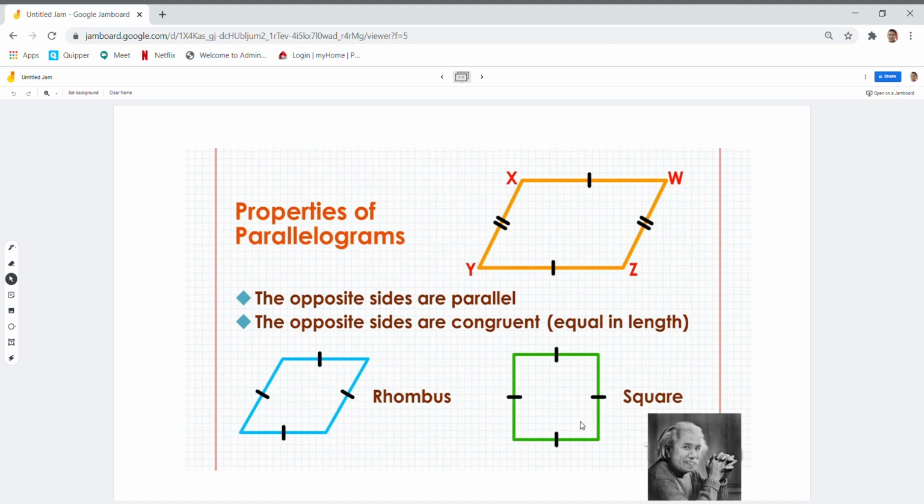That's true also to a square. All the sides in a square are congruent, not necessarily opposite, but all. All sides are congruent in both a rhombus and a square, but in a parallelogram, opposite sides are congruent. It's true also to a rectangle. Opposite sides of a rectangle are congruent, just like the length and then the width.